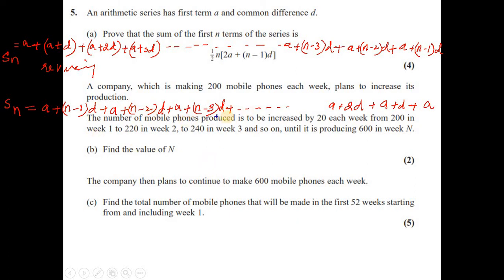So you can say a plus n minus 1 d, like that, just to make you understand the separate terms. Similarly, this is like that.